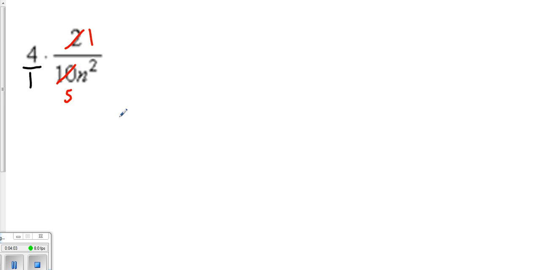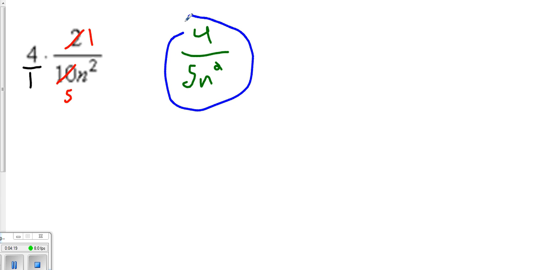Took 2 out of each of those. So now 4 times 1, multiplying right across, makes 4. 1 times 5n squared makes 5n squared. Nothing else can simplify, nothing else can cancel out. So that is our new reduced or simplified rational expression.